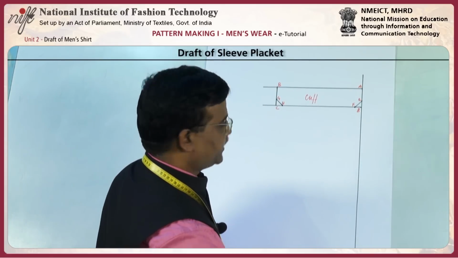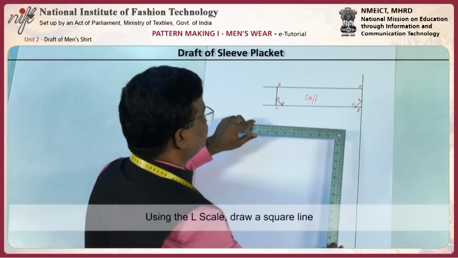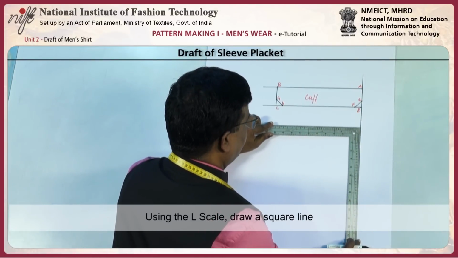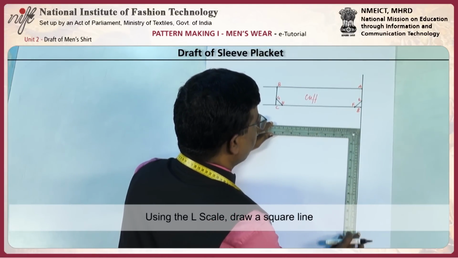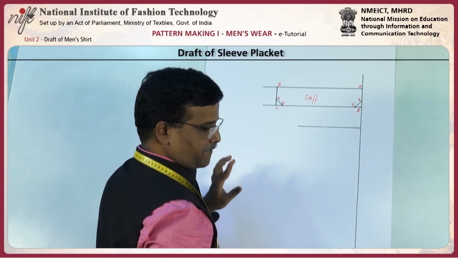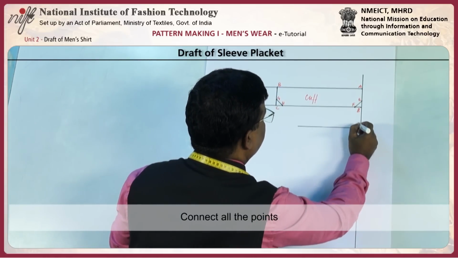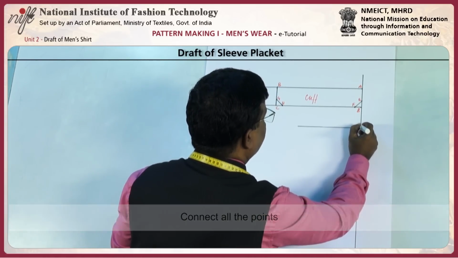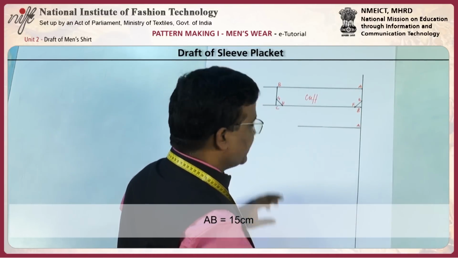Now let us draft sleeve placket. Draw square line. Label A. A to B 15 centimeter.